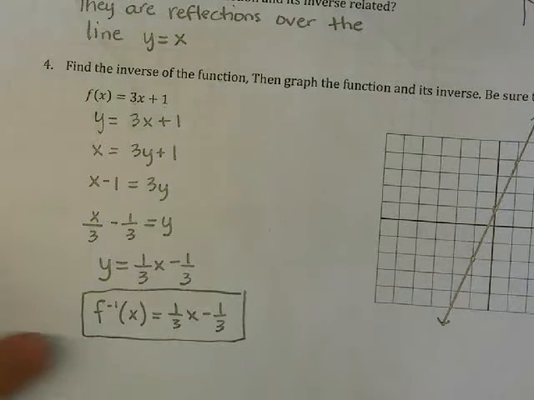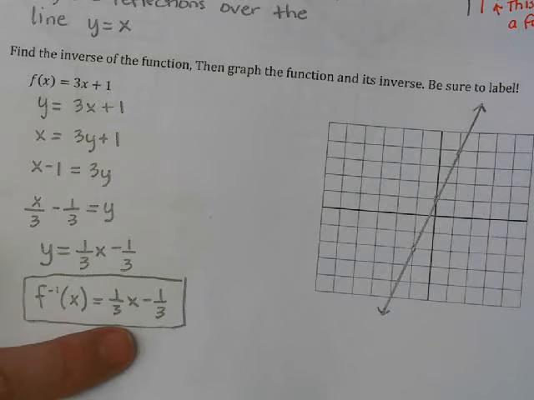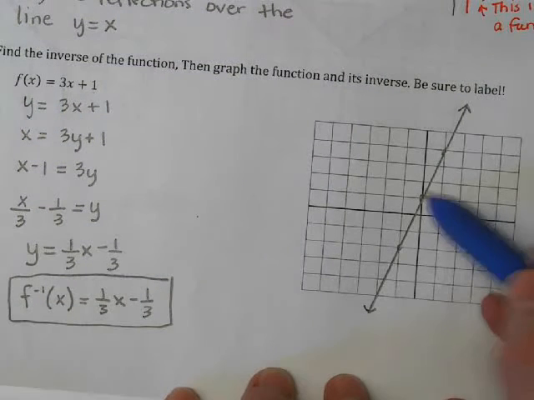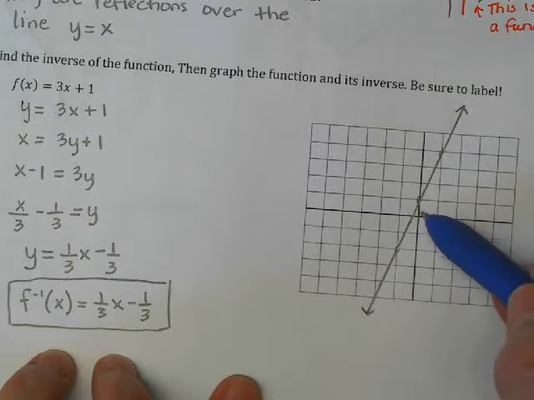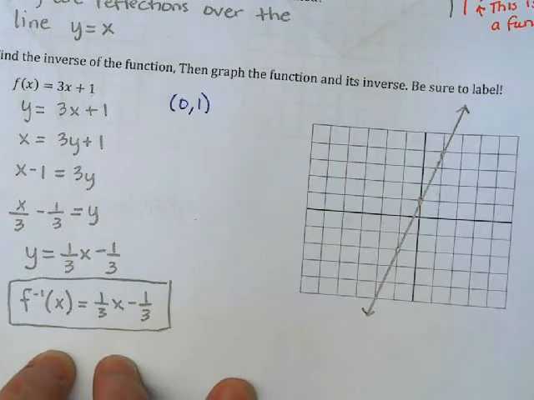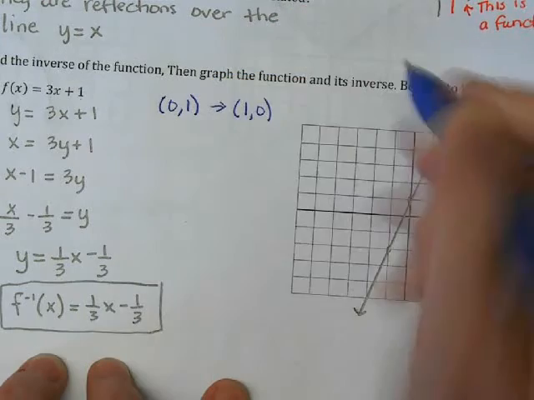Now, when I go to graph that, it's kind of hard to graph because of the 1/3 and then another third. I probably won't get it very perfect. Something that works really nicely is to just switch these points. On the original graph I had the point (0, 1), so I'm going to make that (1, 0).